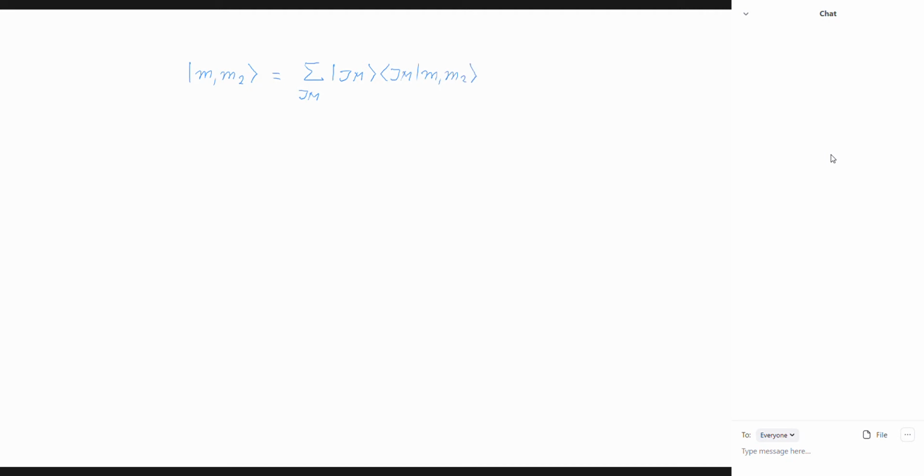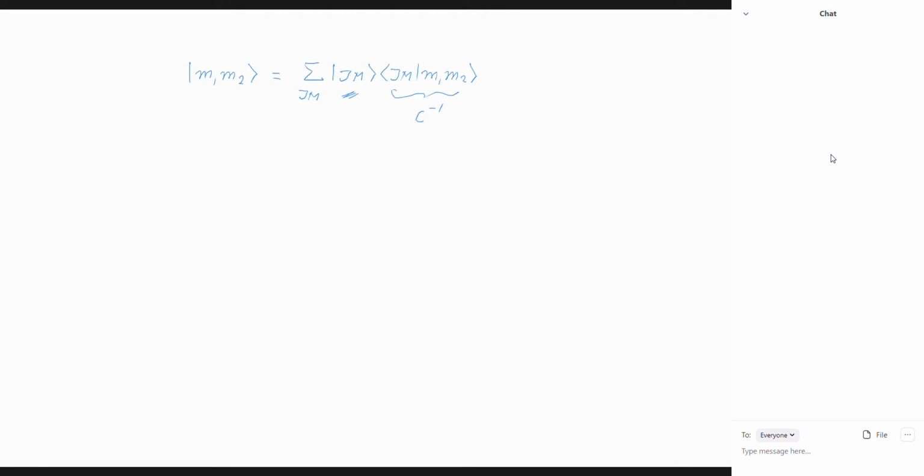So this is just the inverse of the Clebsch-Gordan coefficients. That gives us the decomposition formula for expressing the product of two angular momentum states in terms of well-defined total angular momentum states labeled by capital J and capital M.